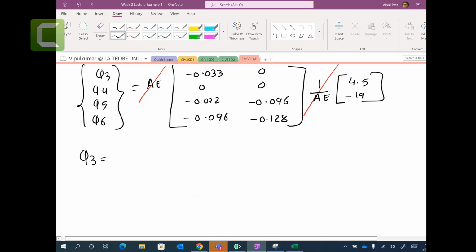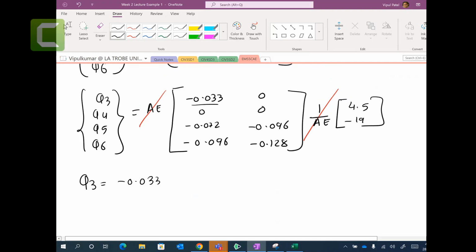So Q3 equals minus 0.033 times 4.5 plus 0 times minus 19, equal to minus 0.033 times 4.5. You get minus 1.5.